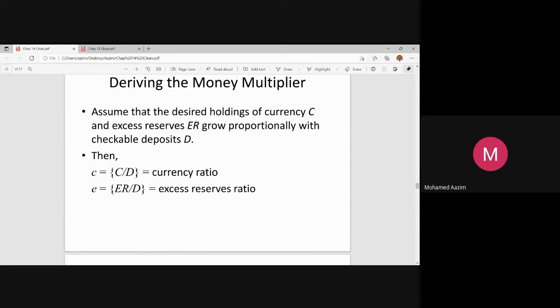D is deposit base, checkable deposit in this case, right? So we are just getting into the multiplier being defined, or deriving the multiplier. You know what the multiplier is already. So we are trying to get into these details and expand it to understand more clearly.